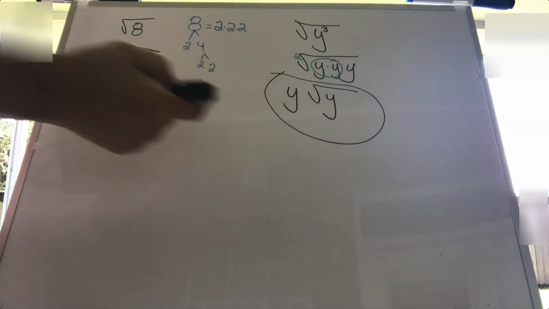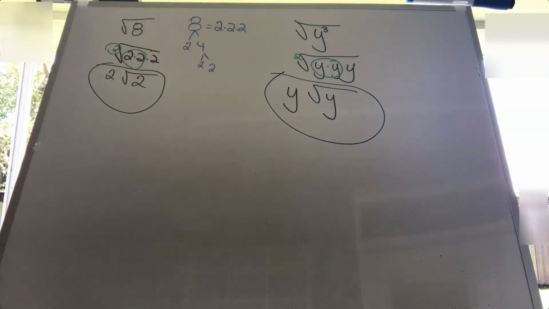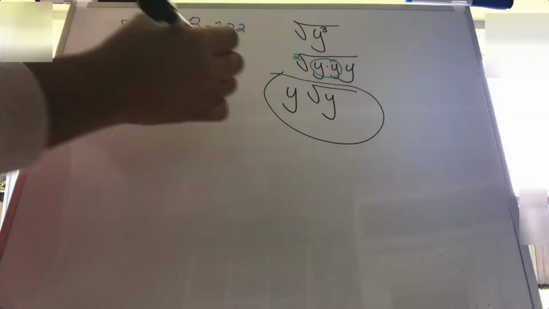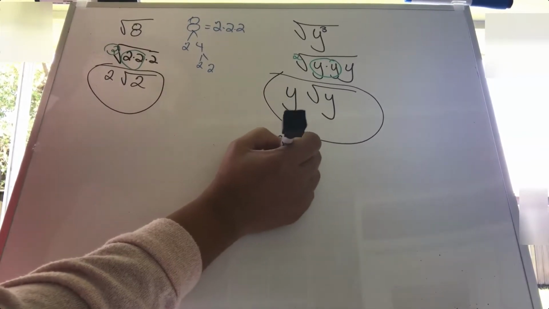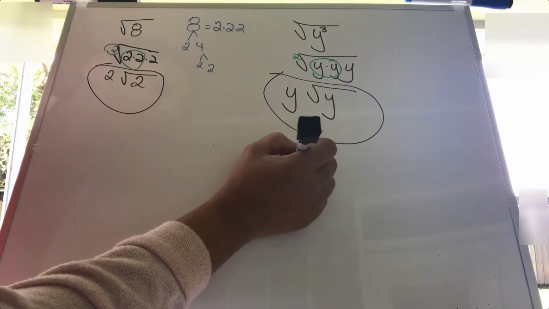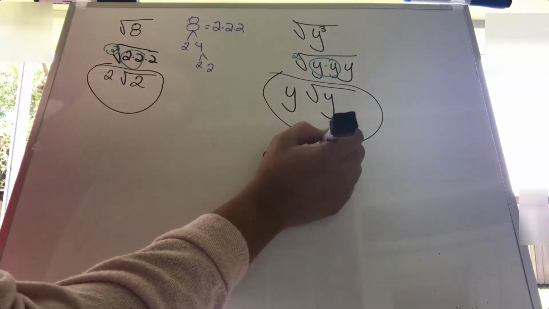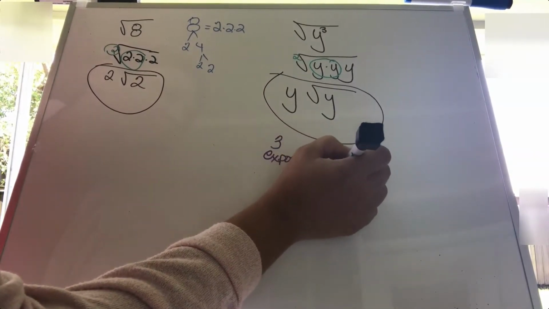So see, it works the exact same, but we need to take a look at how that would be if we have something bigger than a y cubed. We don't want to write out y to the 15. We don't want to write 15 y's. So when everything cleaned up before, we said we were going to take that exponent and divide it by the index.